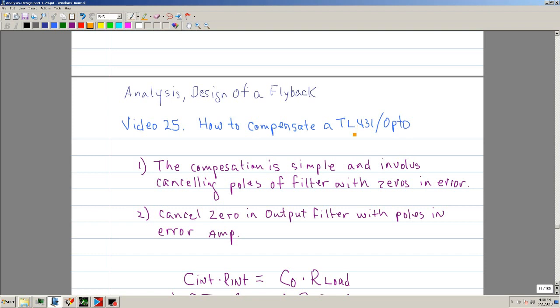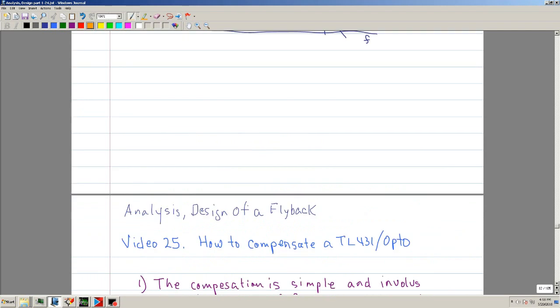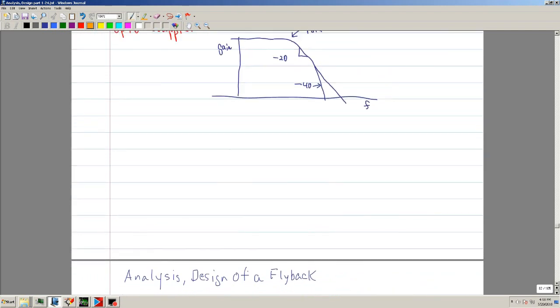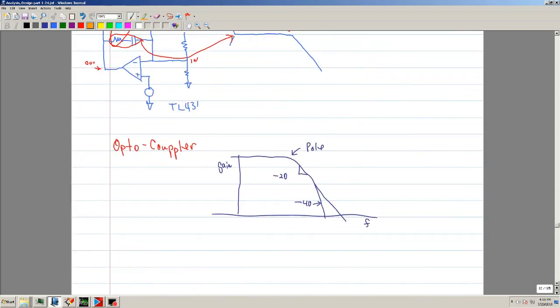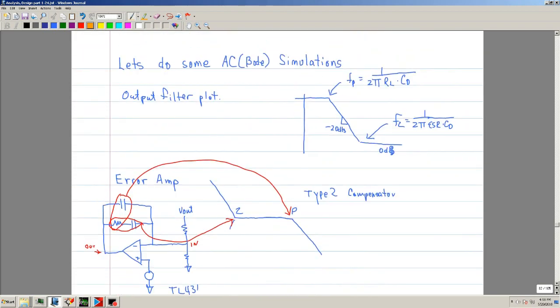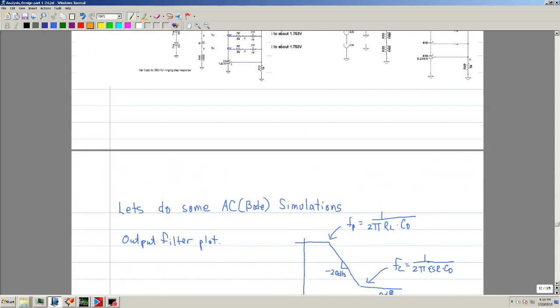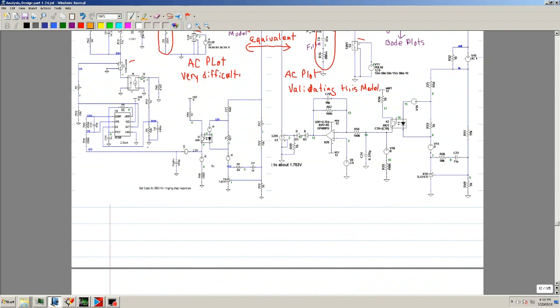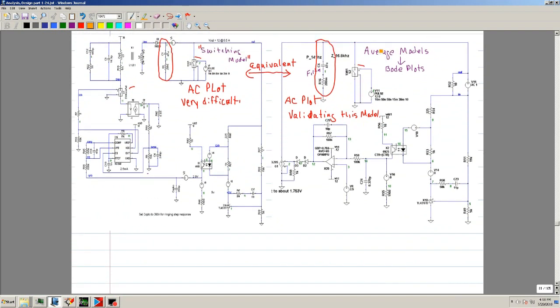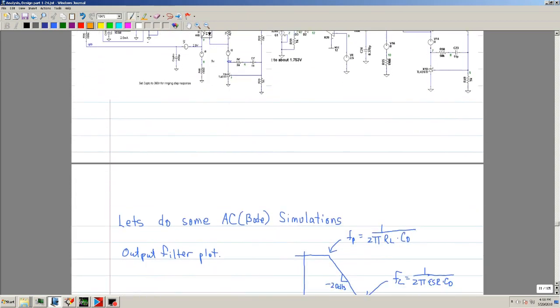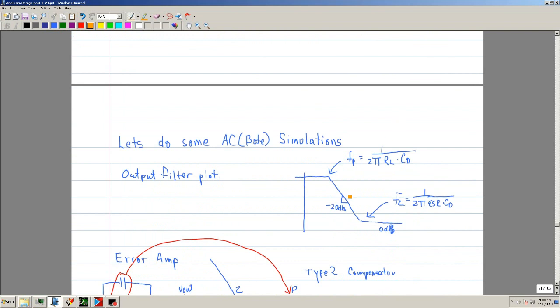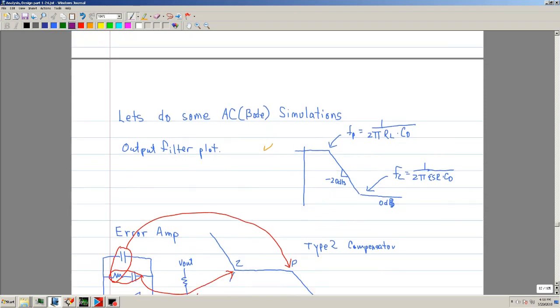Before I go through this, let me review last time in video 24. This is very critical because it gives you the simulation skills. I used the average model SPICE simulation, and I showed how you can extract or simulate the output filter and get the plot.